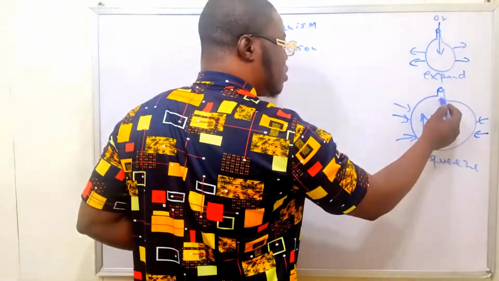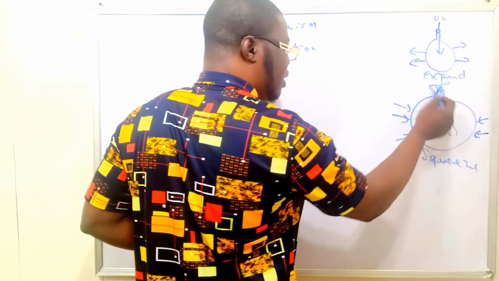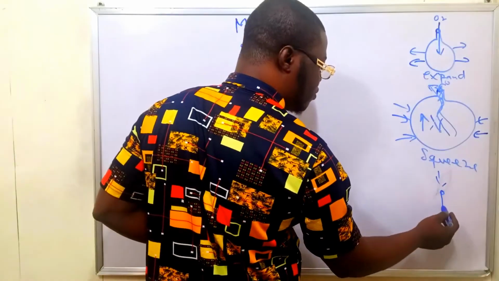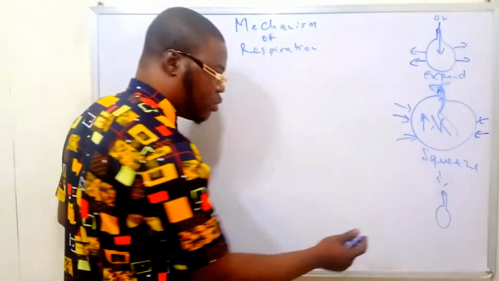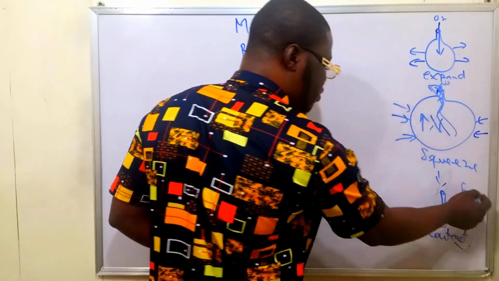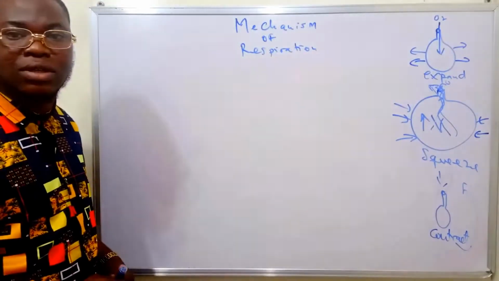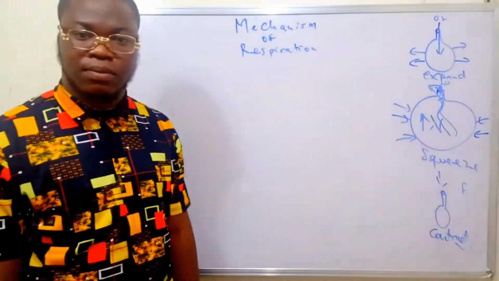All this air will rush out back, and the shape will become like this again. So it has contracted like this. Contract also means squeeze. I hope you understand.